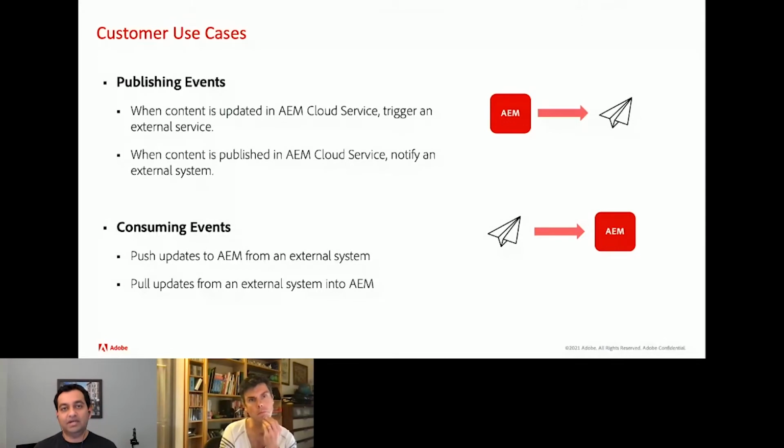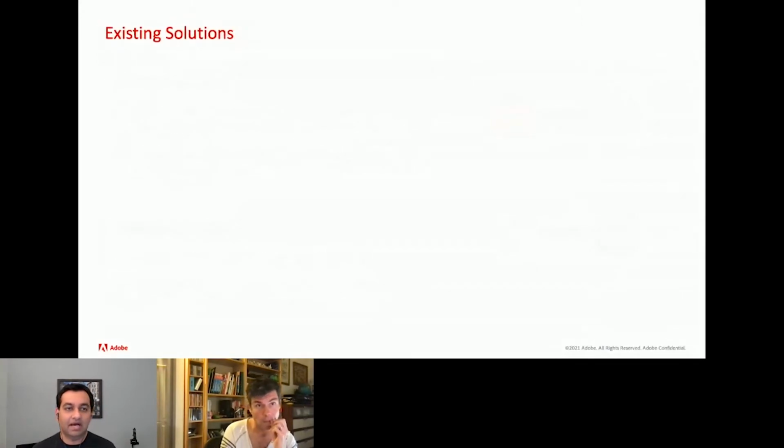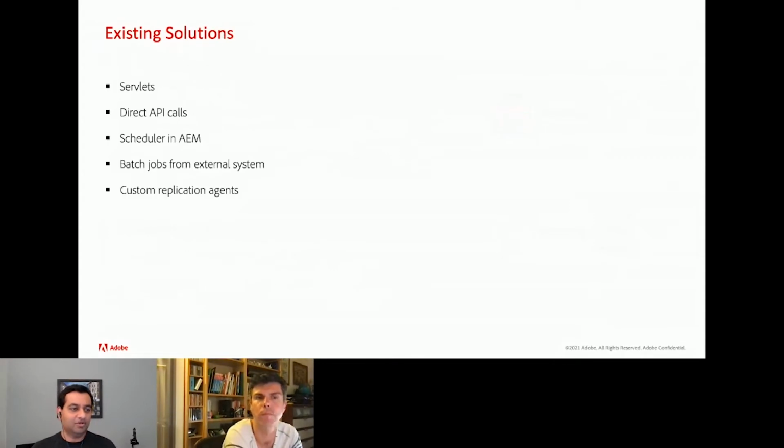So historically, we've solved for these use cases many times over the years, but in a combination of these types of solutions. You have a custom servlet that some external third party can hit, or you have direct API calls going out from your AEM workflow to some external system, or you have a scheduler in AEM that runs from time to time, or you have a batch job that runs for 6 hours every night from some external system pushing content to AEM.